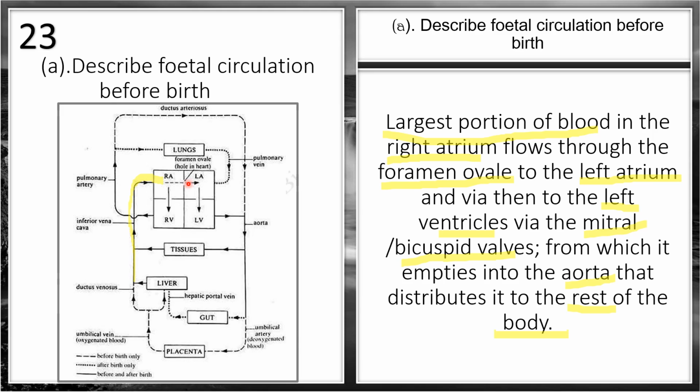Then it will be pushed to the left ventricle, and from the left ventricle it will be pushed through the mitral valve, or what we call the bicuspid valve. Then it will be emptied into the aorta, and the aorta now will distribute it to all parts of the body.